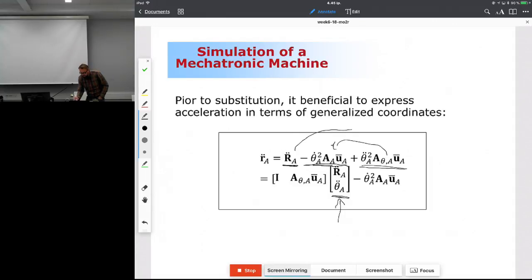I change the order of these two components, and I take this theta double dot and put it together with this r double dot. So that's how it reads. This is just reorganizing things, nothing else. What's left is this term, the one that depends quadratically on angular velocity. You guys still able to follow me?